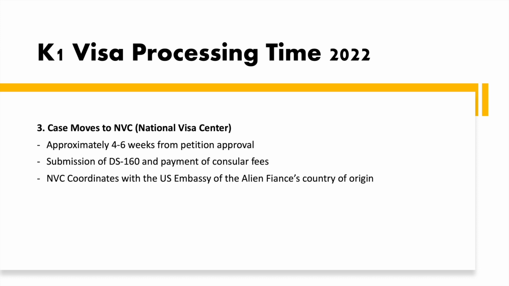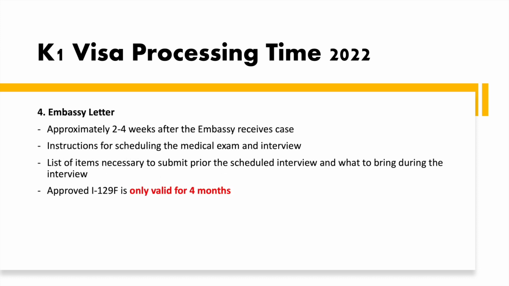Upon completion, the NVC coordinates with the U.S. Embassy or consulate, typically in the foreign national's country. There's actually not much you can do at this point, and if you want to verify that the NVC has received your file, you may contact them or email them at nvcinquiry@state.gov approximately 2 weeks after receiving the I-129F approval notice. After that, you will then receive the embassy letter.